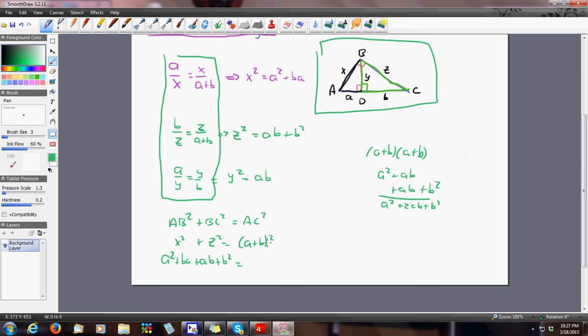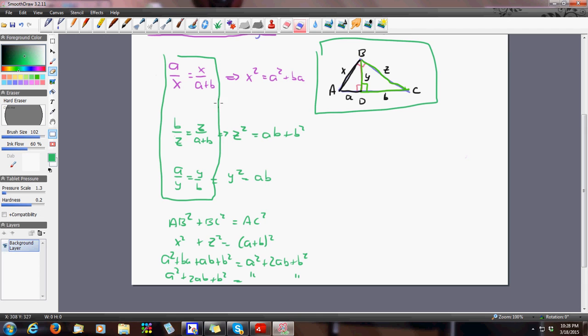And I just said a plus b quantity squared is a squared plus 2ab plus b squared. ba plus ab is really the same as ab plus ab, so I get a squared plus 2ab plus b squared equals this. And it's just a proof of the Pythagorean theorem. It proves why the Pythagorean theorem works.